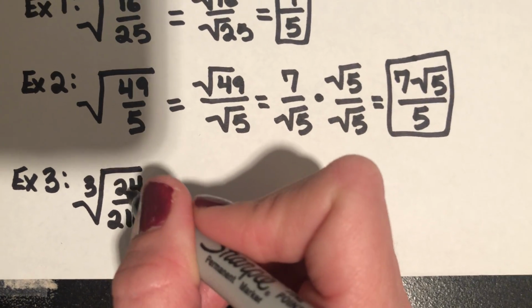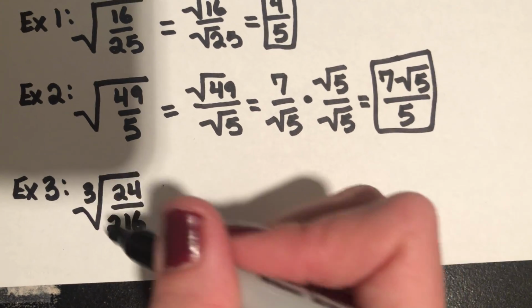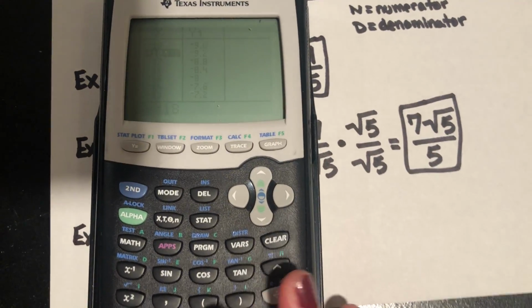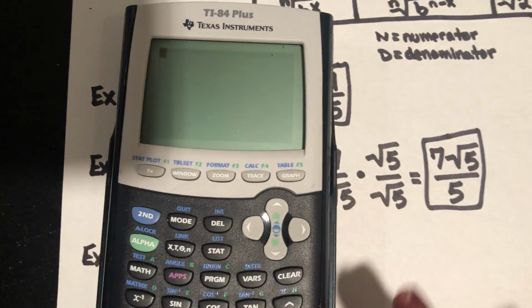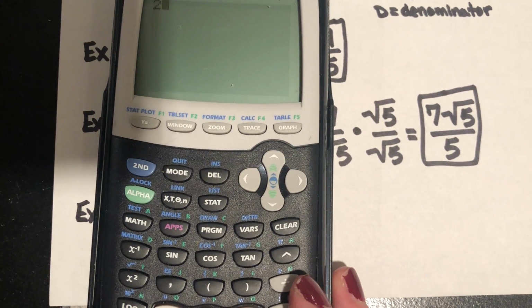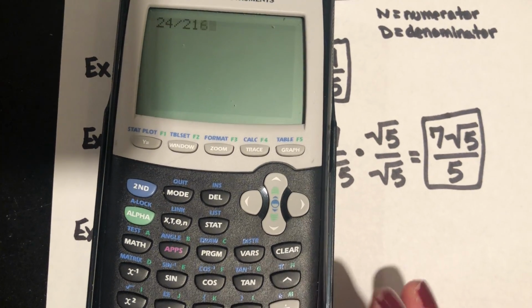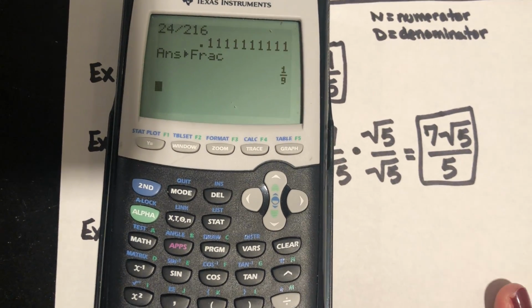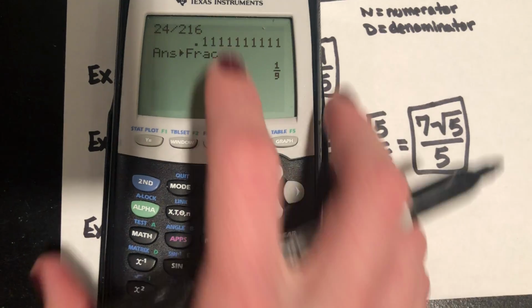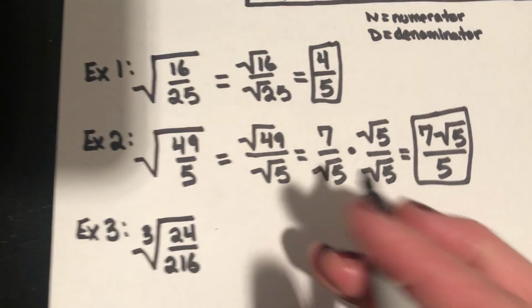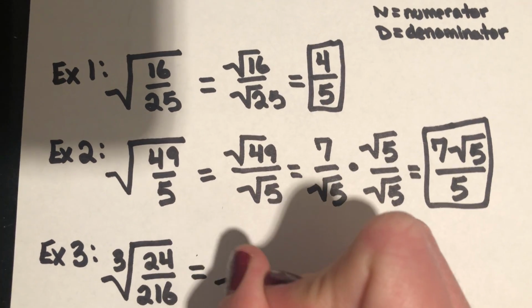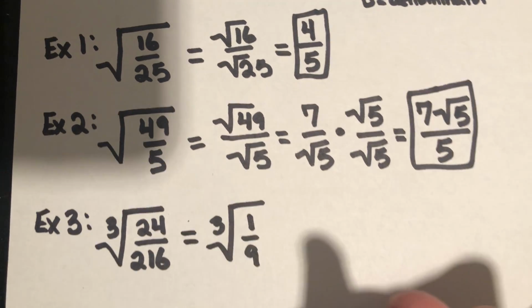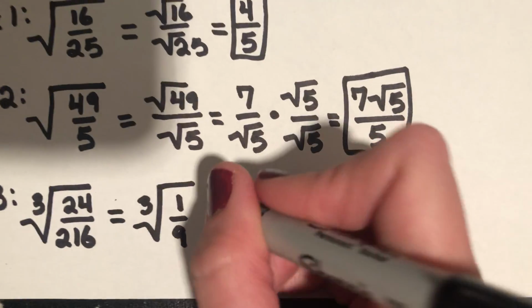Now, looking at 24 divided by 216, those are some big numbers right there. I'm going to grab my calculator and see if those themselves actually simplify. So we're going to go 24 divided by 216. Lovely decimal. That's, as I call it, math bracket. And that is 1/9. So I'm going to rewrite this as the cubed root of 1 over 9. It's going to make my life a little bit simpler.